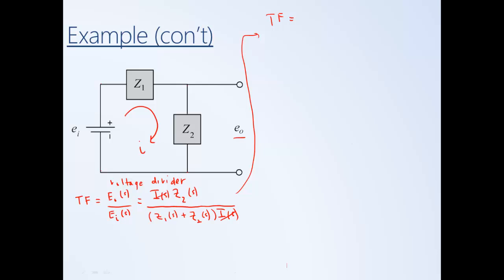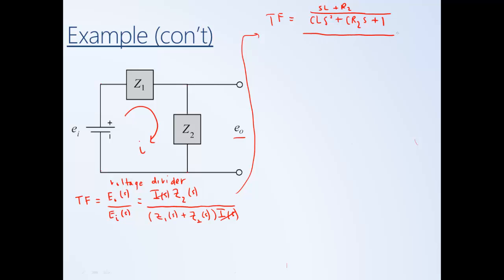The expression for Z2 had a numerator of SL plus R2, and a denominator of CL times S squared plus C R2 times S plus 1.